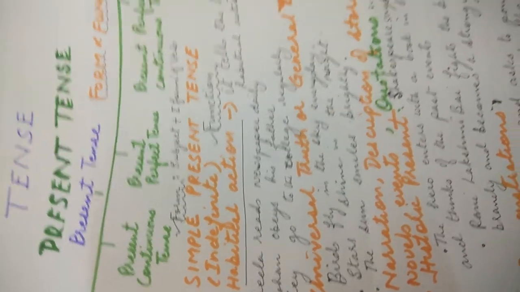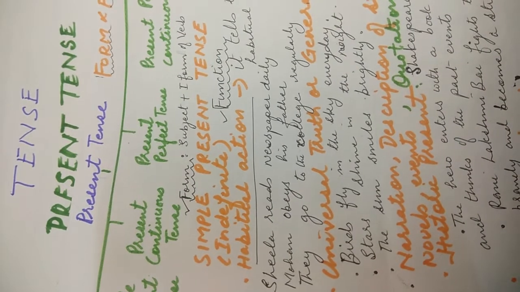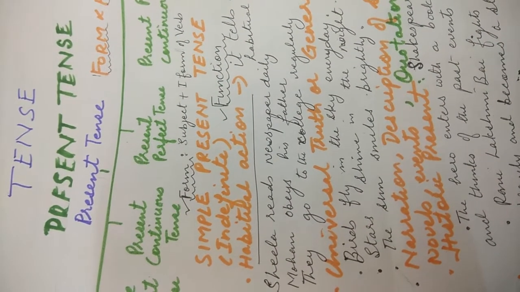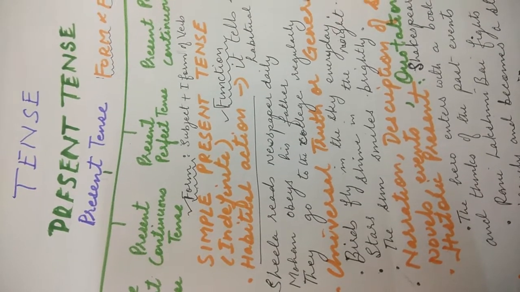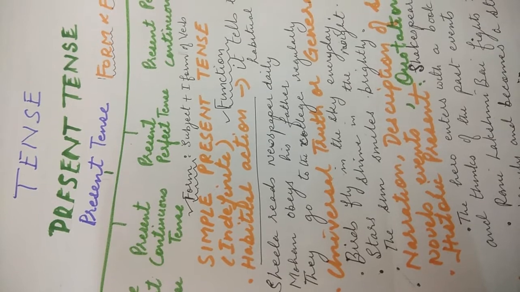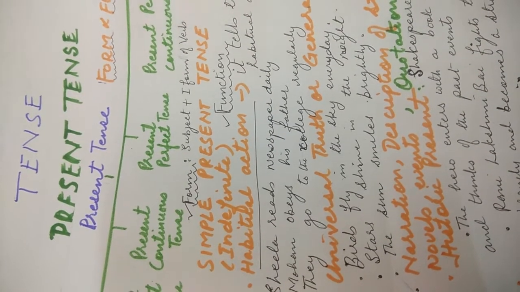What is simple present tense? It is called simple present tense because you generally make use of this tense. It is indefinite also, so it is also called present indefinite. What is the reason?